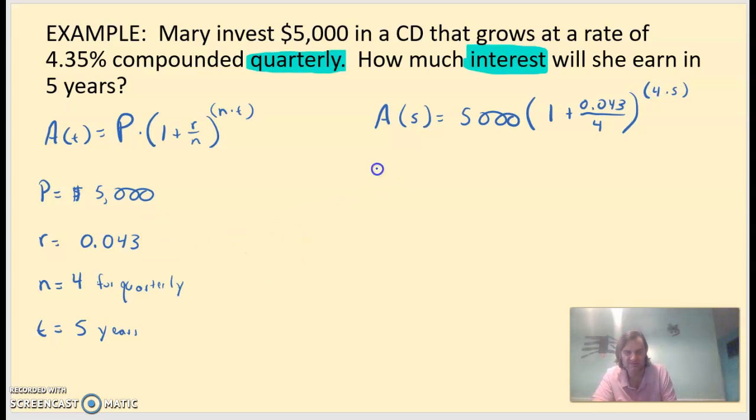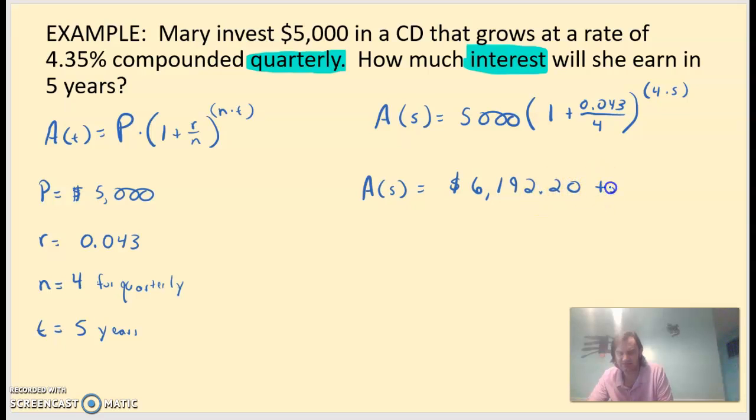So again, we're going to put that in the calculator and see what we get. 5,000... And if I don't mess up, I'm getting back that in 5 years, she should have $6,192.20.